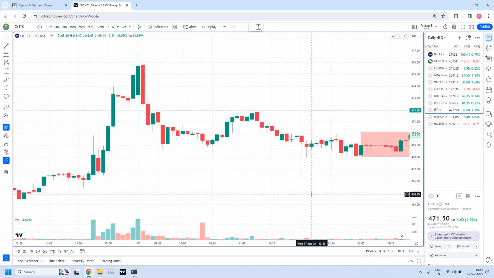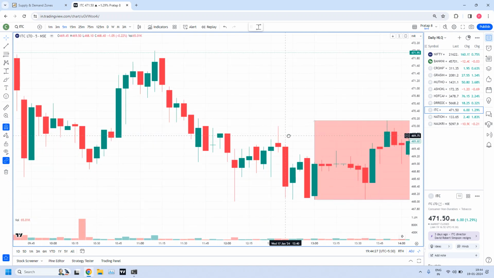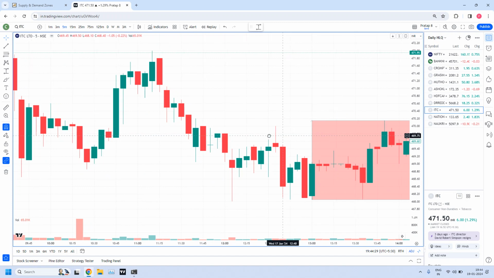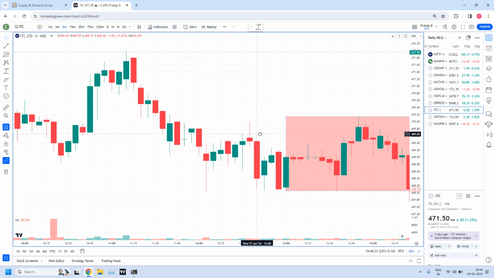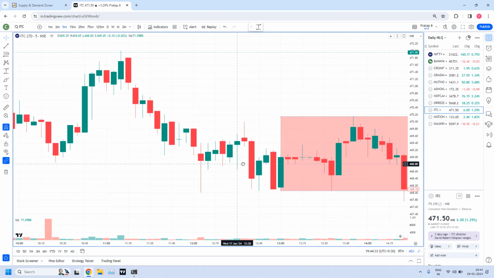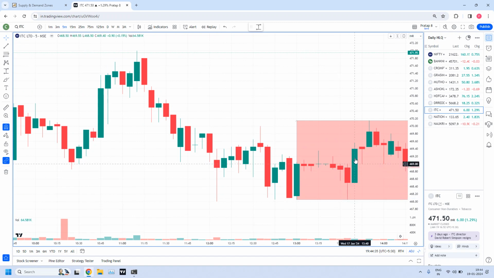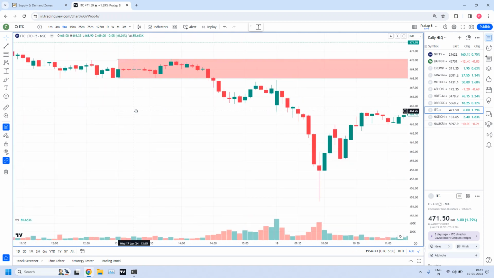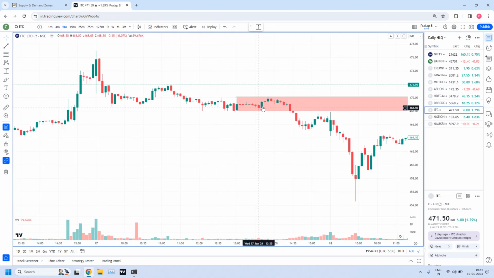See here. You have a rally candle, you have a base candle. See here, the structure is not good. Something not convenient here.